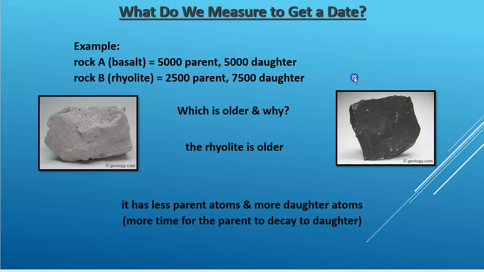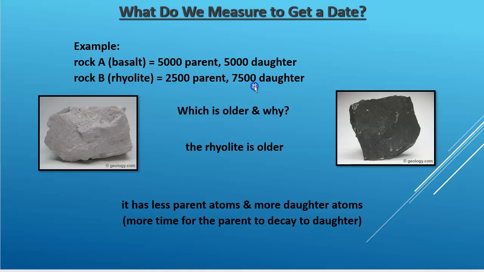And so, as an example, just to kind of get us on the same page here, because of what you know about how this system works, if I was to give you 2 rocks, a basalt, which is an igneous rock, and a rhyolite, which is another igneous rock, right? We would say if I counted in a mineral the number of atoms that are the unstable parent and the number of atoms that are stable daughter, and I got this ratio, this 5,000 to 5,000, and I have a rhyolite that has this ratio.